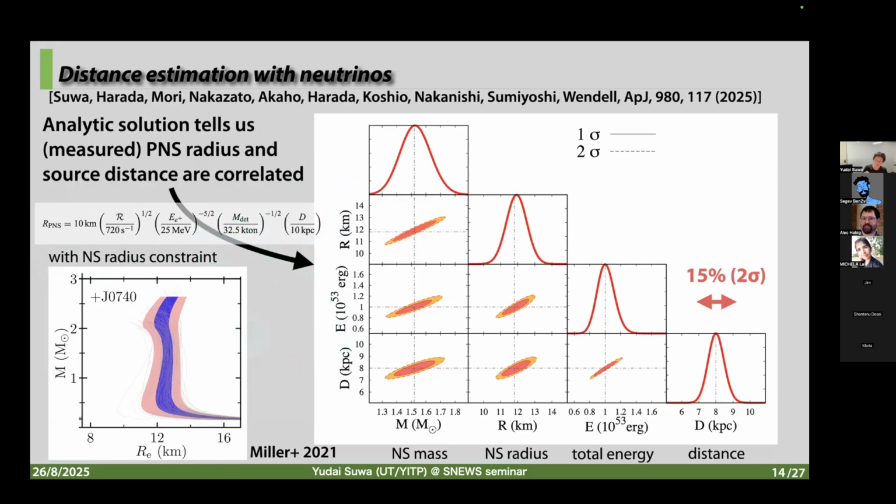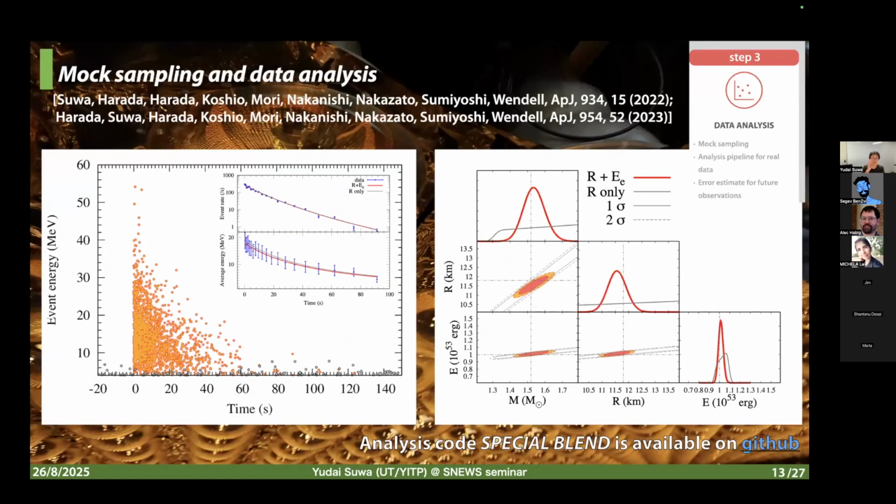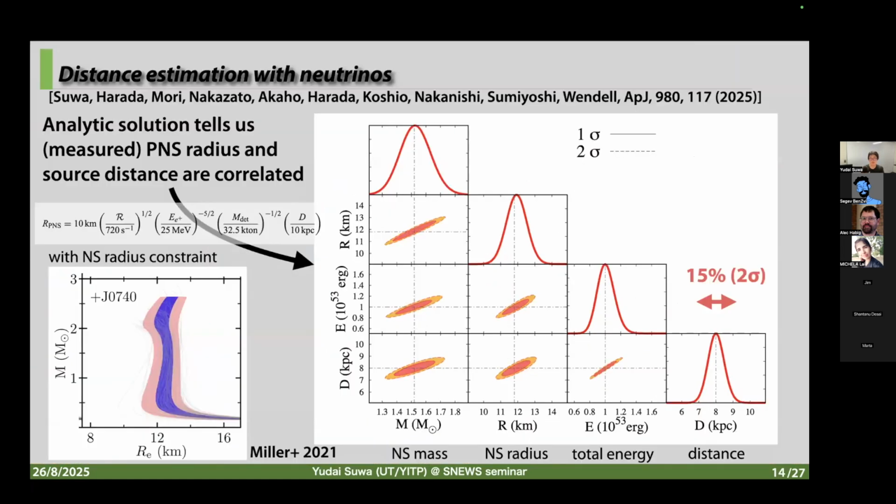Anyway, in this third step, we were assuming the distance is measured by a different observational method like an optical or infrared telescope. But before this kind of electromagnetic wave is coming in, we need to estimate a distance with neutrinos alone. And here we were checking if we can measure distance toward the supernova with neutrinos alone or not.